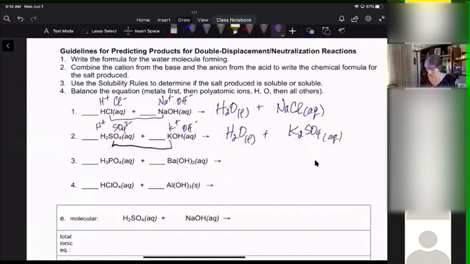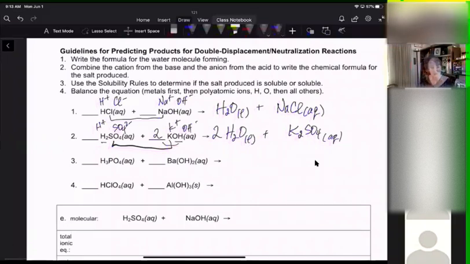So that is aqueous. And then we have to balance. We have 2 potassium. So there we have 2 H pluses, and now we have 2 OH minuses. So that means we'll have 2 water molecules formed for that reaction. So go ahead and complete and balance these reactions.